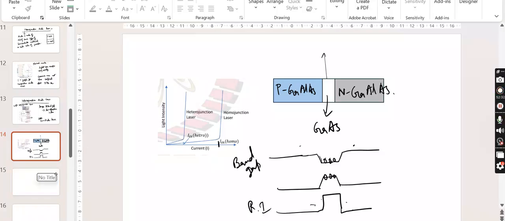Now, if this gallium arsenide layer is very small, we go to the quantum well lasers domain.